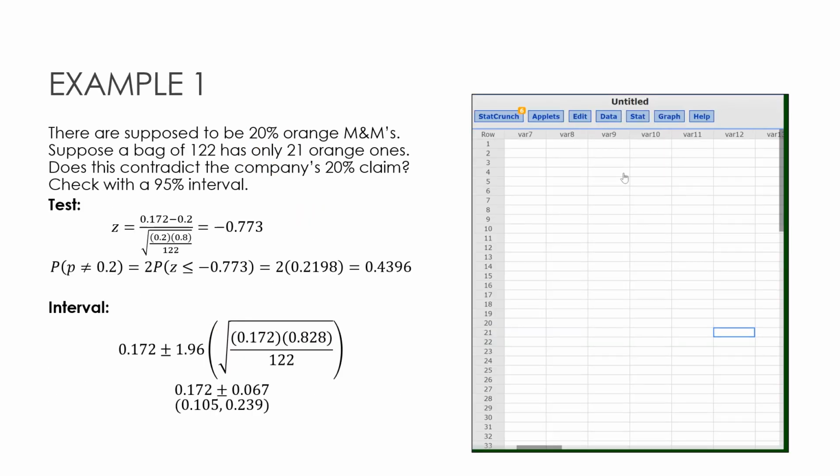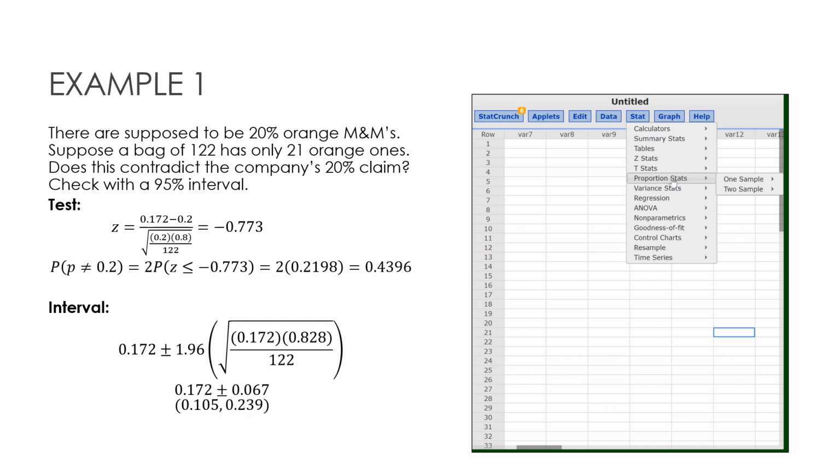And again, we just want to verify that all of that stuff is true, so notice I've just copied and pasted exactly what we came up with on the other page, and I want to do both the test and the interval. So I'm going to go to Stat, Proportion Stats, 1 sample with summary.